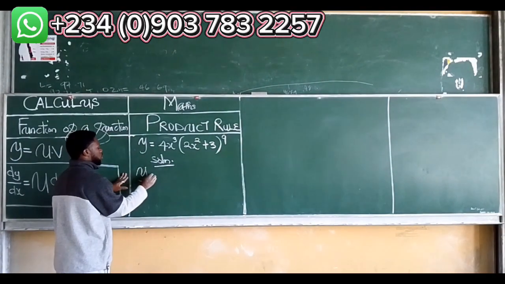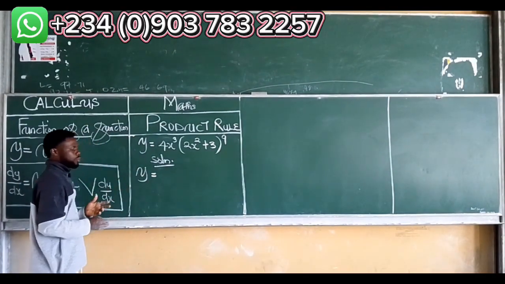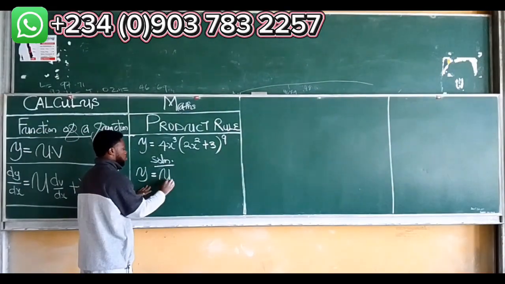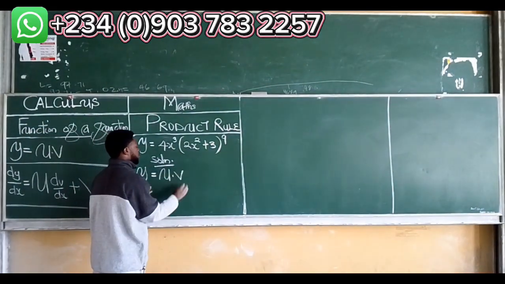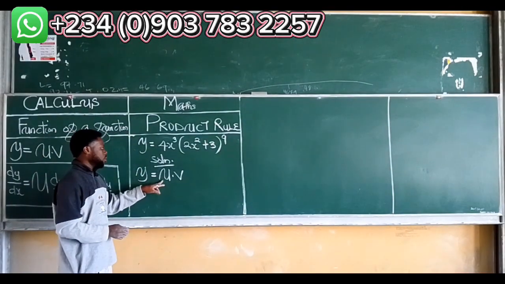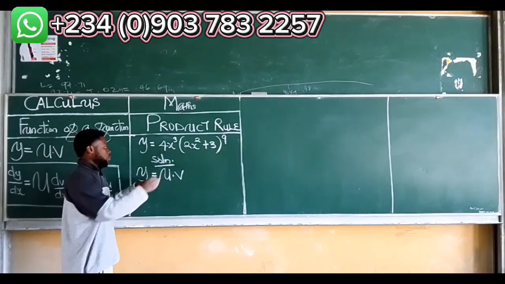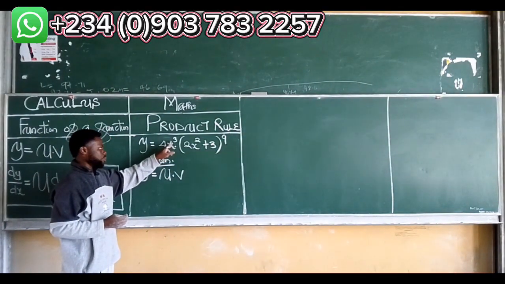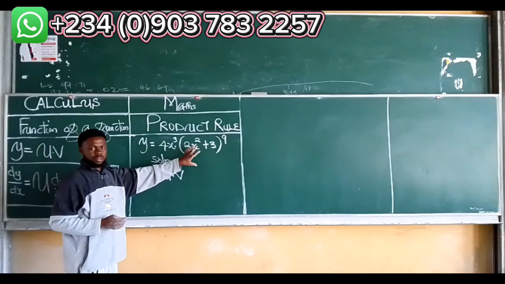y will equal u times v. Now, if you compare what is written here to what is written here, we observe that there are two functions, 4x raised to the power of 3 multiplied by this bracket.